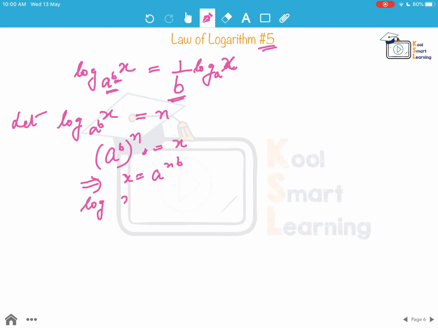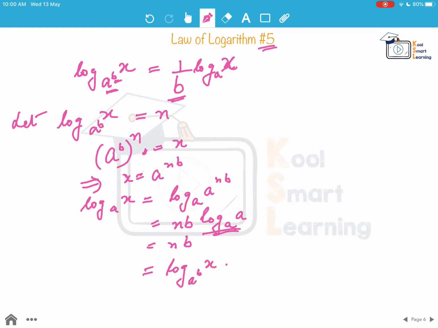Now if we take log of x to the base a, this gives us log of a raised to power nb to the base a, which is nothing but nb into log of a to the base a, which is nothing but 1. So this is equal to nb. And now we put the value of n over here, and this is log of x to the base a power b into b.